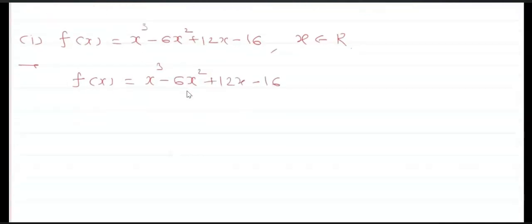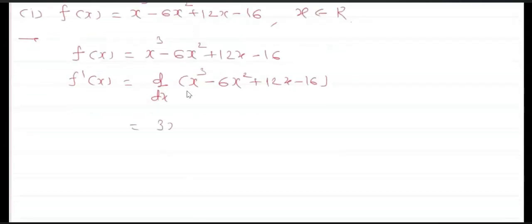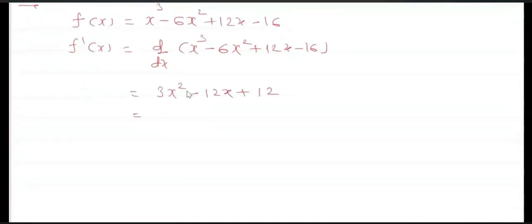Now for increasing and decreasing of the given function, find out its derivative. That is, the derivative of x cube minus 6x square plus 12x minus 16 is 3x square minus 12x plus 12. Now if we simplify this, that is 3 in bracket x square minus 4x plus 4.